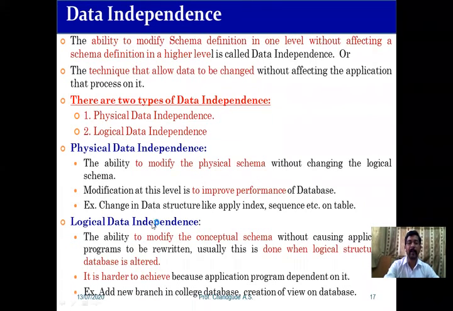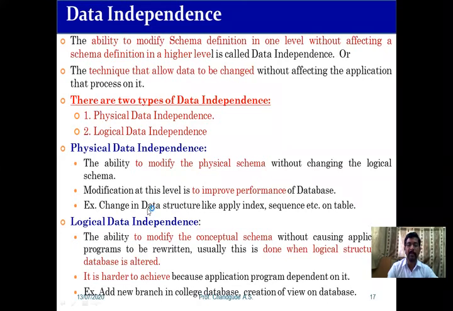And the next type of data independence is logical data independence. And what is meant by logical data independence? The ability to modify the conceptual schema without causing application programs to be rewritten.